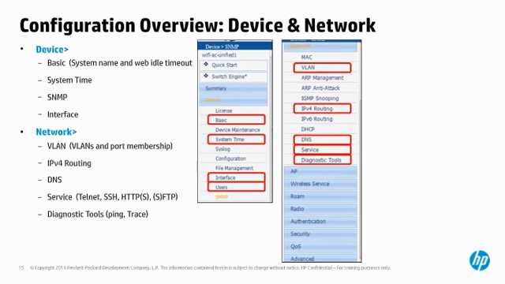Define static and dynamic DNS options as well as DDNS. Service. Enable and disable FTP, SFTP, Telnet, SSH, HTTP, and HTTPS. Finally, diagnostic tools allow you to perform IPv4 pings, IPv6 pings, and traceroute.